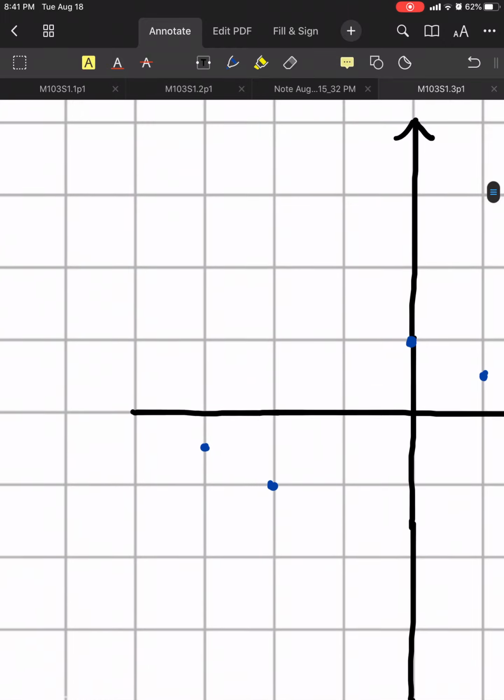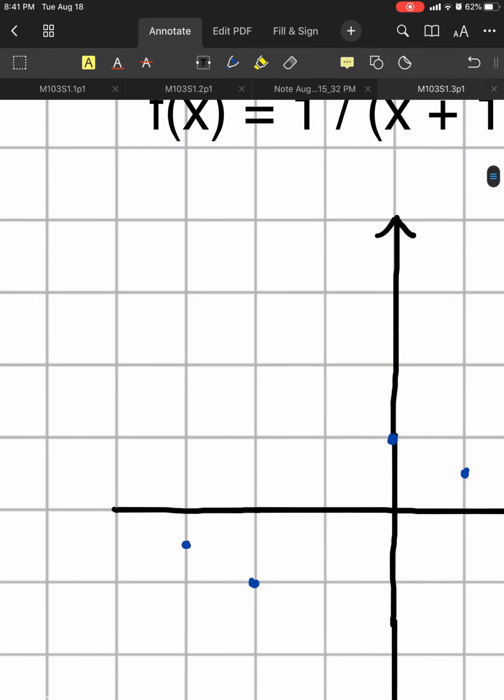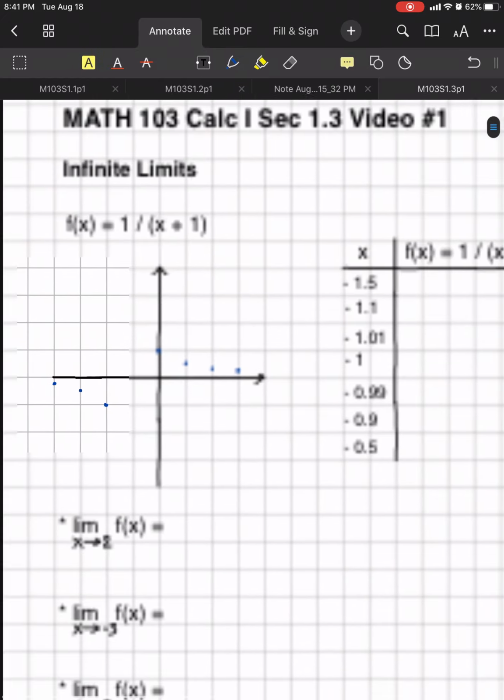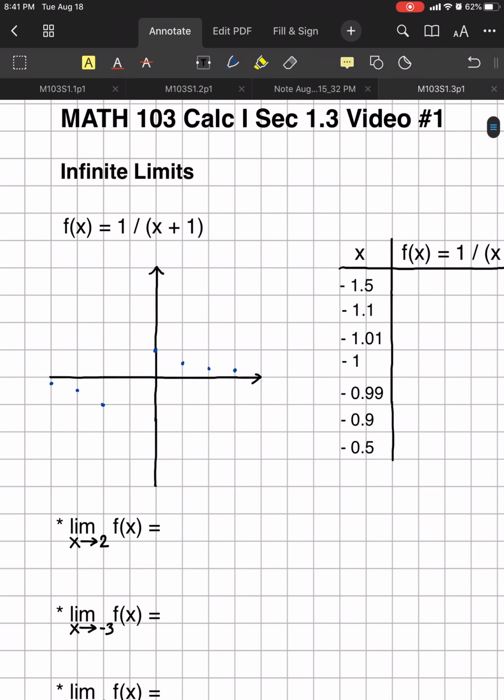Sorry, that was -3. -3 gives -1/2. If I plug in -4, I get -1/3, which is right about here. Okay. So those points shouldn't be too hard for you to find.